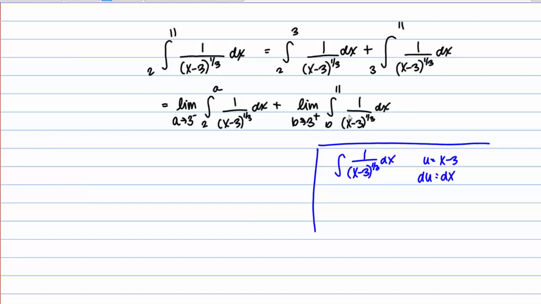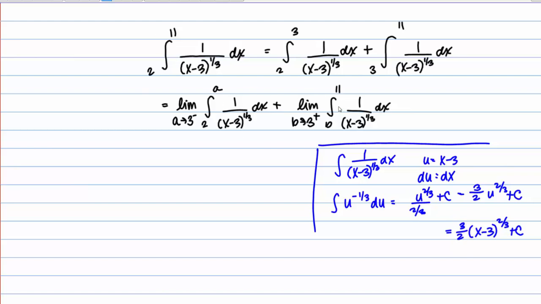So I would have the integral of u to the negative 1/3 power du, which is going to give me u to the 2/3 over 2/3, or 3/2 u to the 2/3 power. So 3/2 times x minus 3 to the 2/3 power.